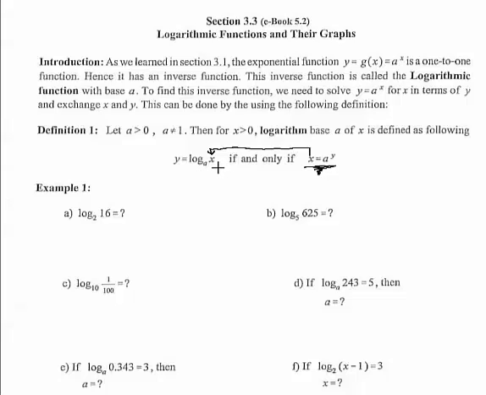It's a phrase that I've memorized, and it comes in handy when I want to convert from an exponential form of an equation to a logarithmic form. I know the base is going to be a, because the base of the exponent is a, and then the log equals the exponent. So on one side you have the log, and on the other side you put the exponent, which was y, and that only leaves one place to put the x, and that is once again as the argument of the log.